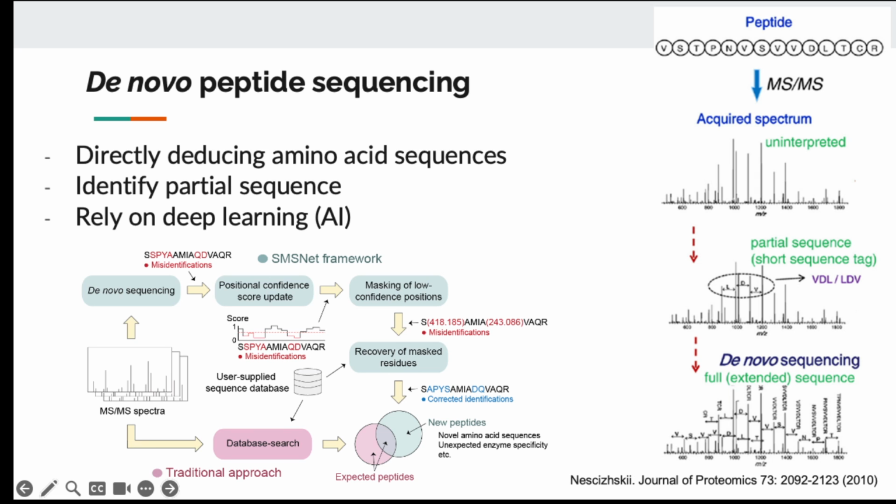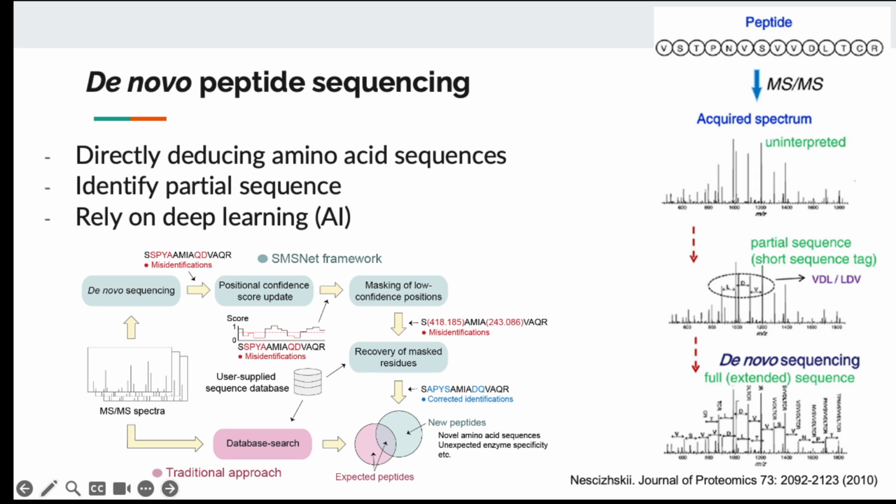For example, there is a sequence of L, D, and V in the middle of the spectrum. So we know that whatever the answer would be, it has to have LDV or VDL in it. So this can allow us to remove possibilities.